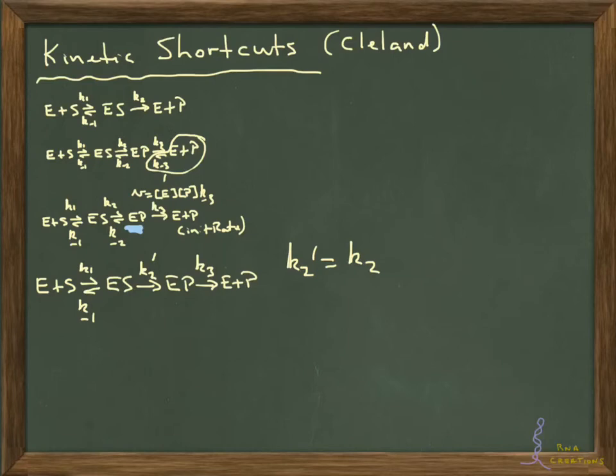If you're EP, you can go forward at a rate constant k3, or you can go back at k minus 2. And so the partitioning to go forward is k3 over k3 plus k minus 2.